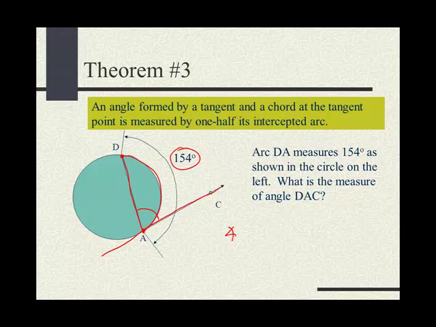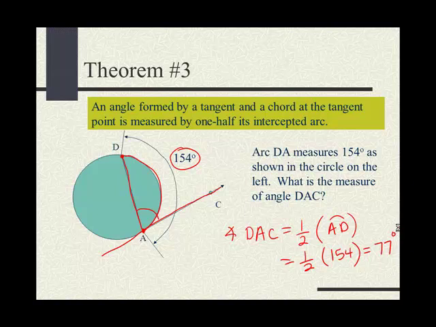So the measure of angle DAC is going to be half the measure of arc AD, and arc AD in the drawing is given as 154 degrees, and half of 154 is 77. So we can say that angle DAC is equal to 77 degrees.